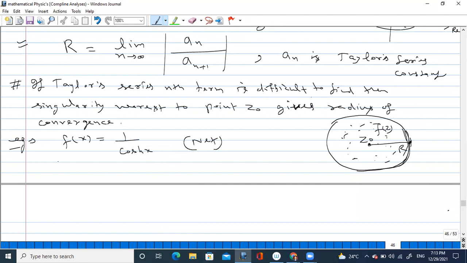For this, find the radius of convergence of this function about point z0 equal to 0.